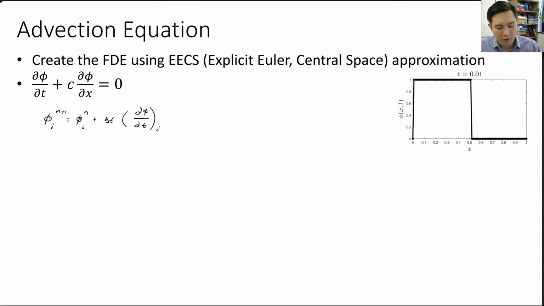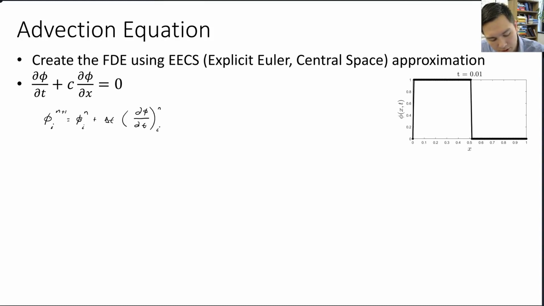Okay? And now, if it's an explicit Euler scheme, then we're also going to evaluate our time derivative at some time index. And if it's explicit, we're going to evaluate that at time index n. So now we have to make a substitution.